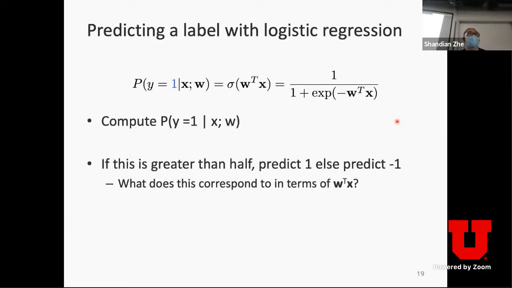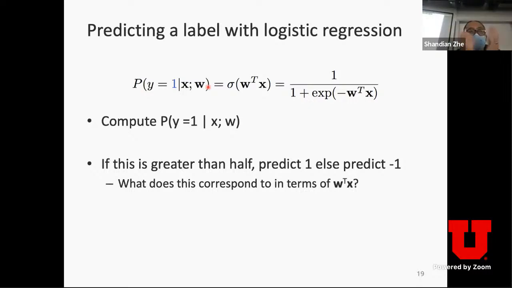So suppose now we have defined our logistic regression model, and suppose we have obtained our model parameters. We know that our logistic regression model just gives us a probability, like 0.6, 0.2, or 0.5.